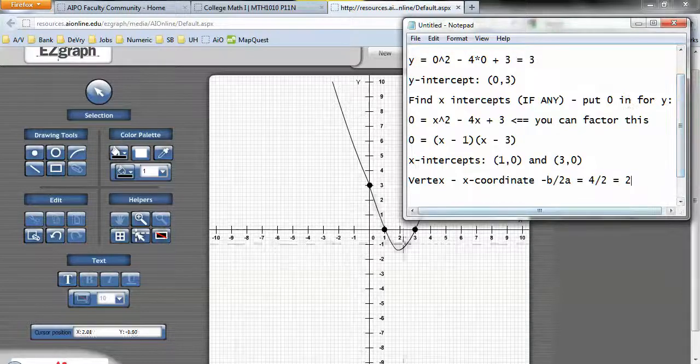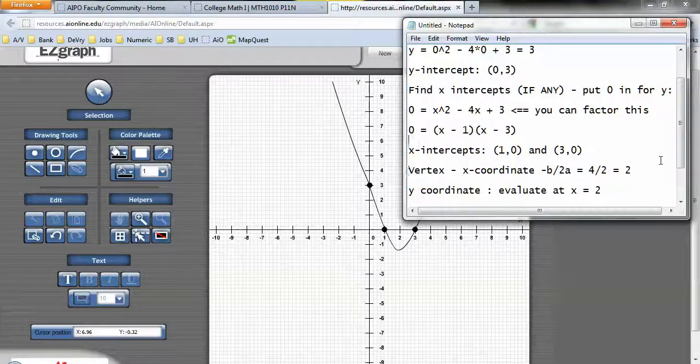Okay, so the x-coordinate of the vertex occurs here at 2. That's no surprise, but what we need is the y-coordinate. We would evaluate at x equals 2 to get the y-coordinate.